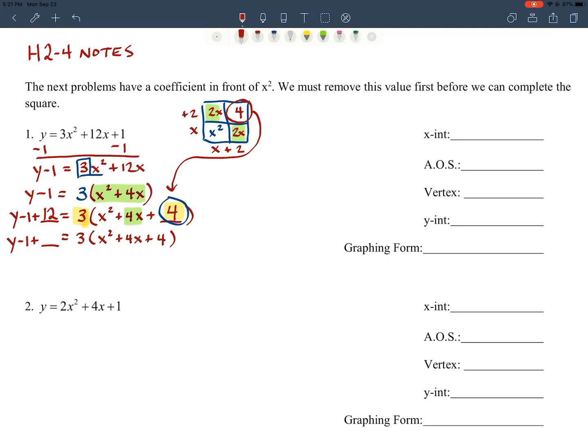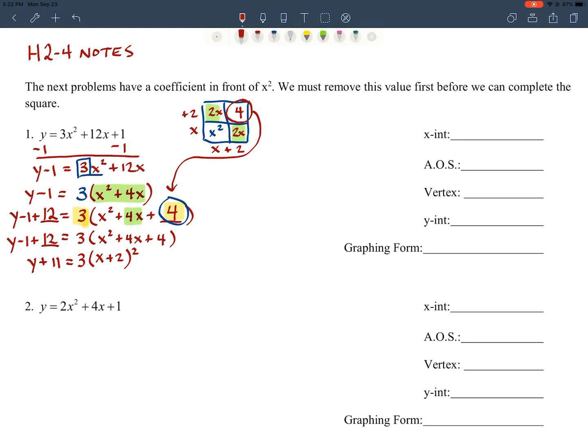It would really be 12. So now that we've figured that out, we can simplify the left side. We'll have y minus 1 plus 12 will give us y plus 11. And then on the right side, we have 3. And our x squared plus 4x plus 4 should factor into x plus 2 times x plus 2, or we could write it as x plus 2 squared.